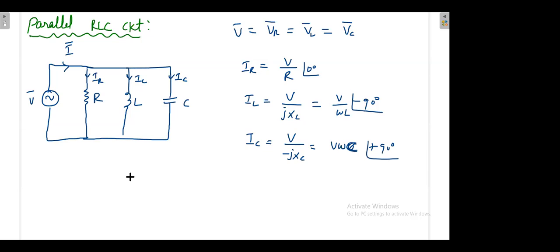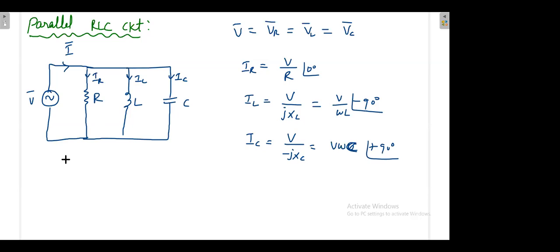Again, case by case we can discuss one by one. So what is the first case? Again, how to write this common impedance value is a little bit tricky here because all the elements are in parallel.